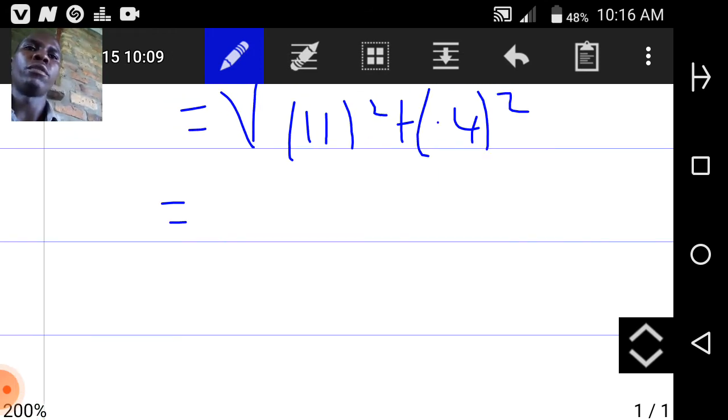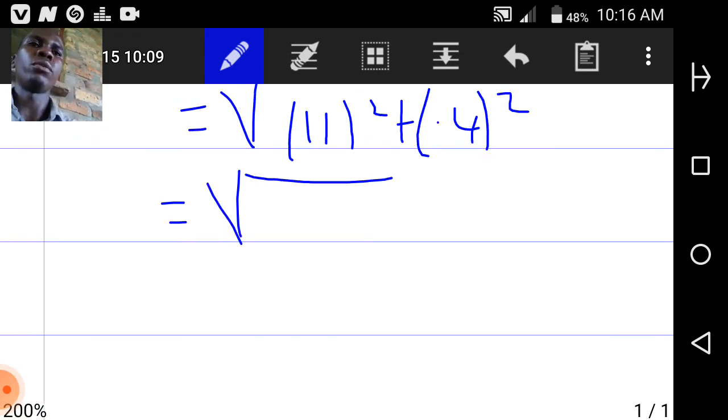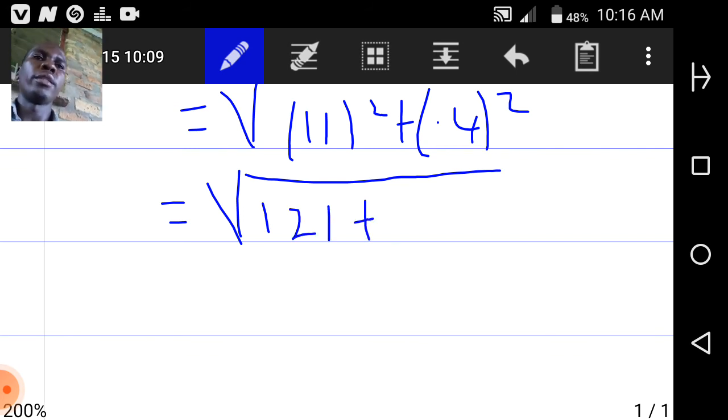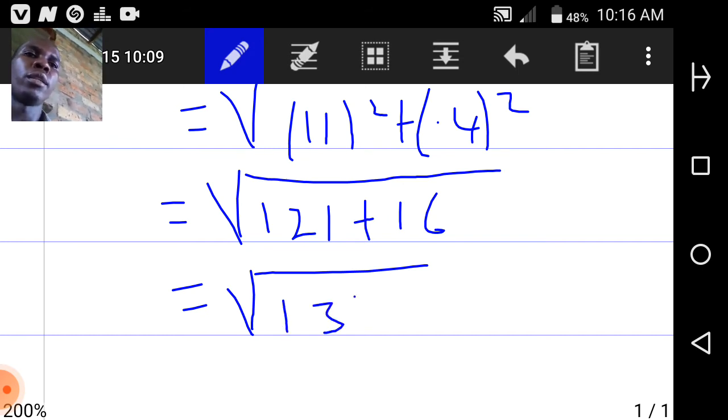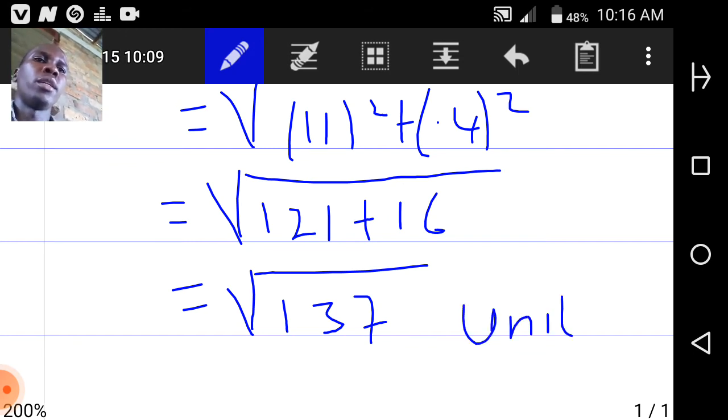When we solve, 11 squared is 121, then plus (-4) squared, which is 16. So we have the root of 121 plus 16, and that gives us the root of 137.